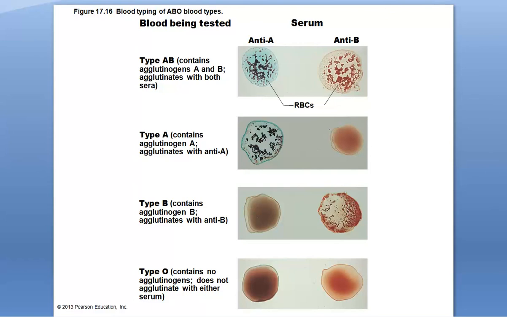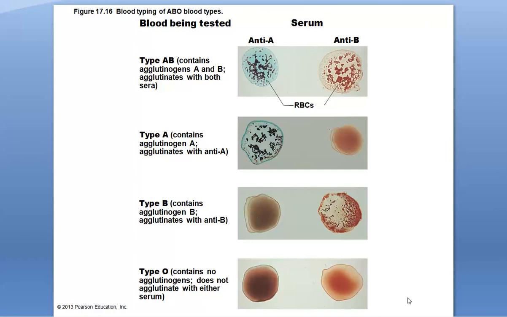Now, if we look at type O, this person's blood cells don't have agglutinogen A or agglutinogen B. So when we apply antibody A and antibody B sera, we see no agglutination, so no A's, and no agglutination, no B's.